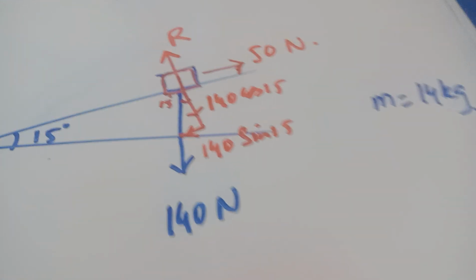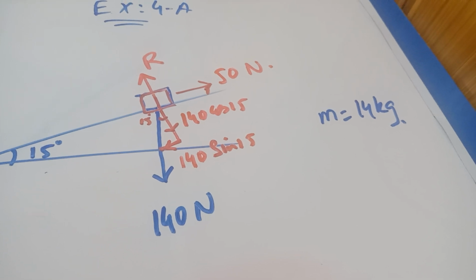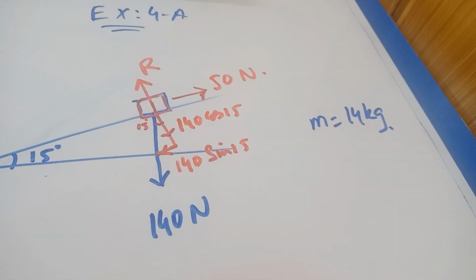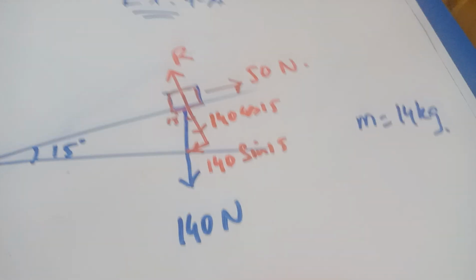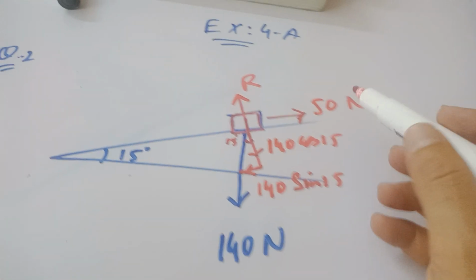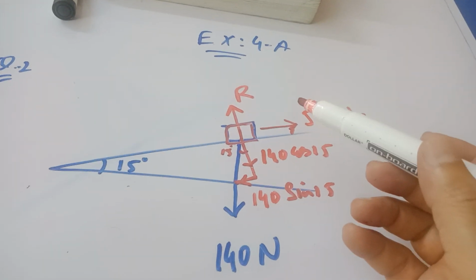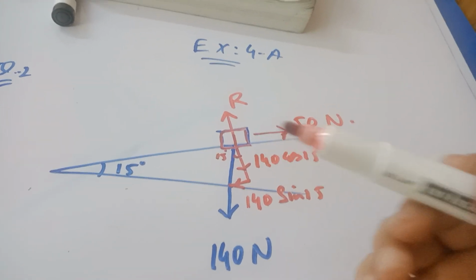Okay, then what happens? Find the size and direction of the force of friction. Okay, now this is 50 newtons. Now we have to determine in which direction and how much is the frictional force right now.